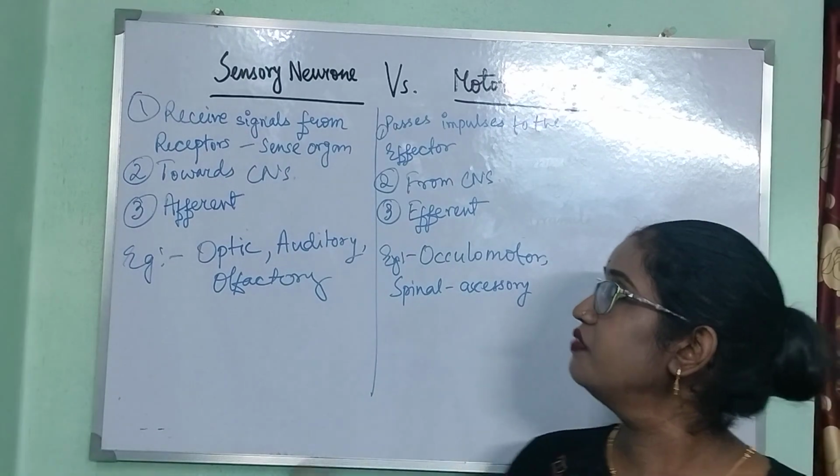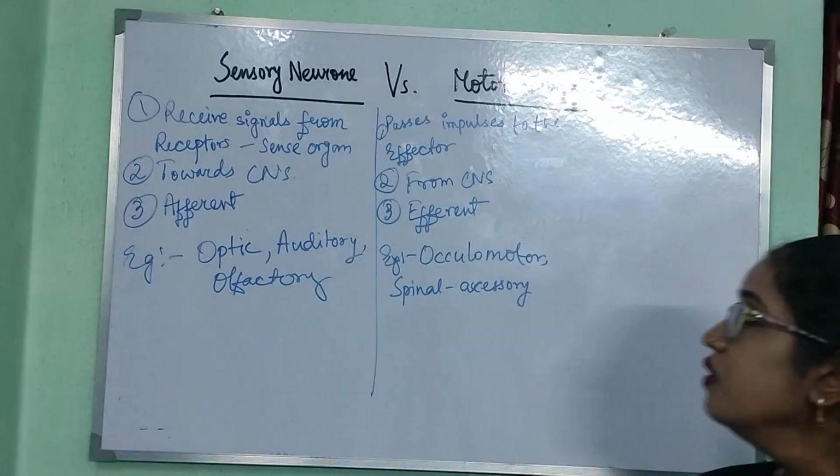So these are the basic differences between sensory and motor neurons.